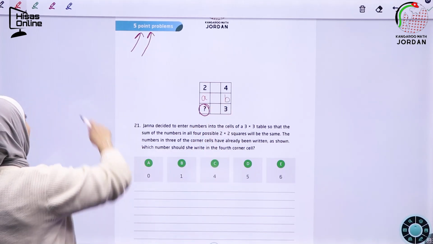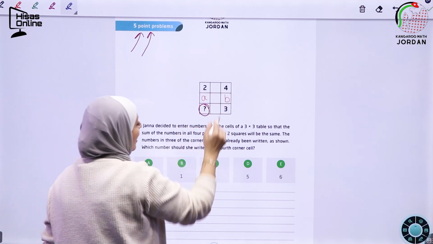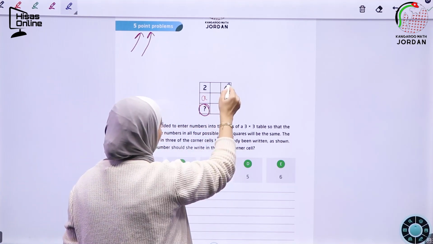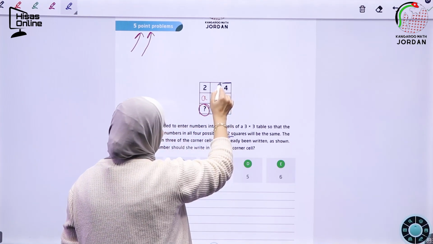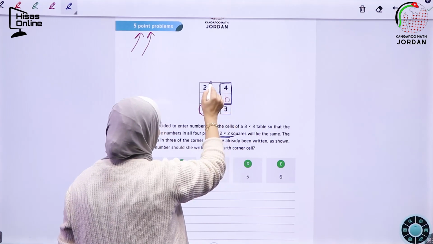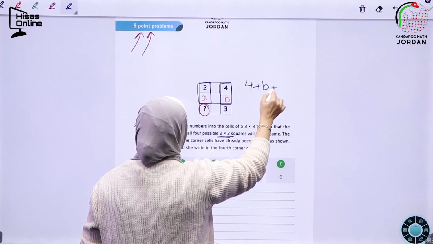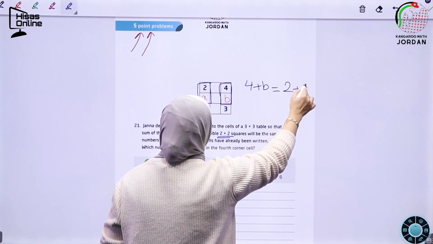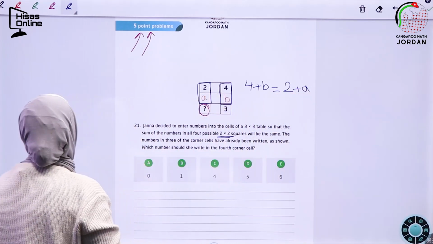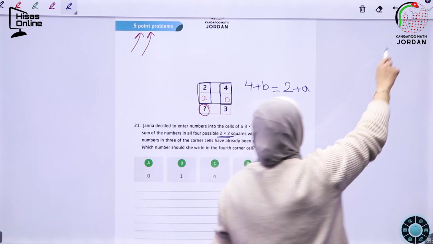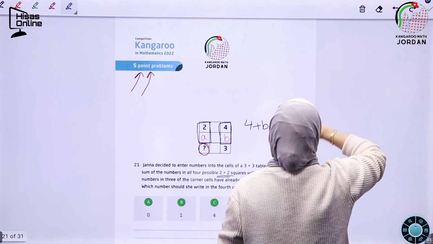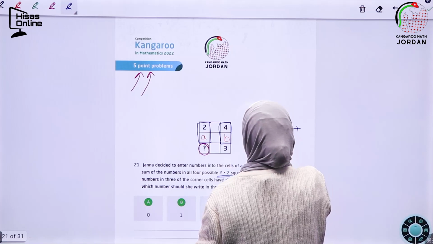Now, if I use this tile to have 2 times 2 squares, so 4 plus B should equal 2 plus A, right? This is my first thing.